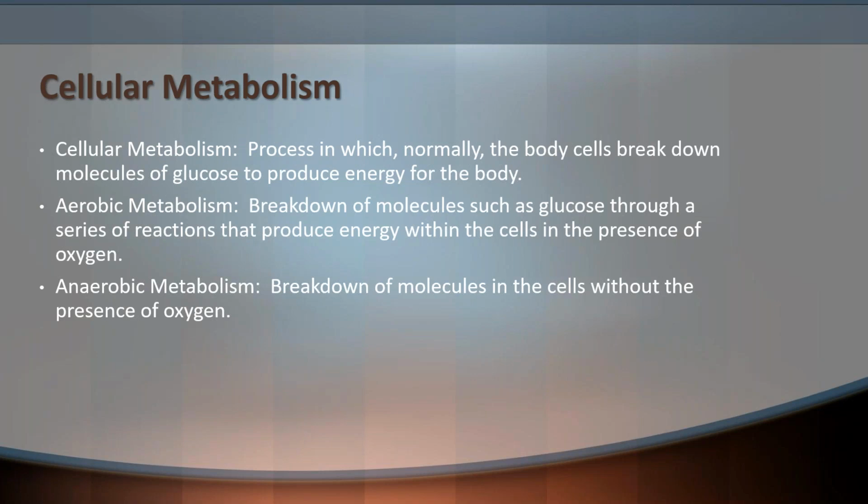As a result, we see that oxygen content in the system deteriorate. As a result, that body is going to switch from aerobic metabolism to anaerobic metabolism. Now, anaerobic metabolism is the breakdown of those molecules in the cells without the presence of oxygen. As a result, we do create a very small portion of ATP or energy, but we also create a ton of waste material, which is bad for us.